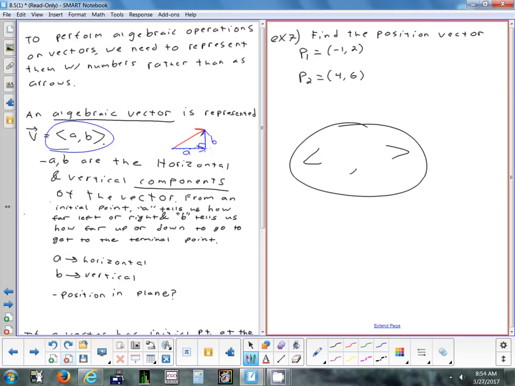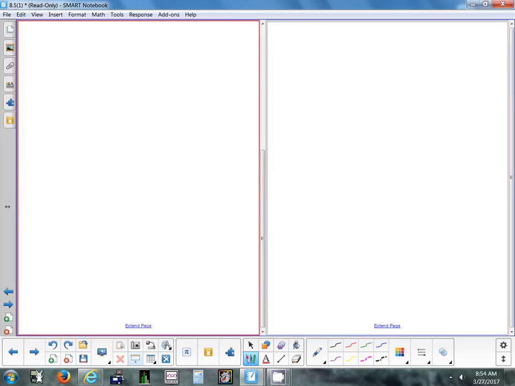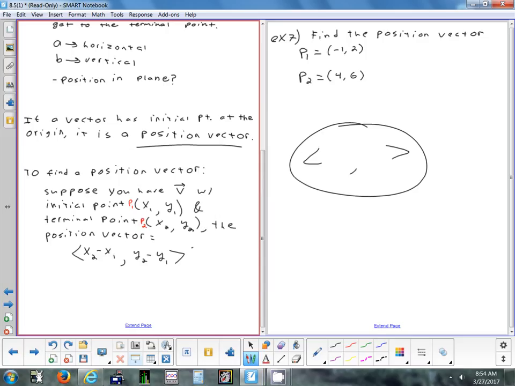Okay, so what would be the x value of my coordinate? Of my vector, sorry. What would be the x component? Amanda?